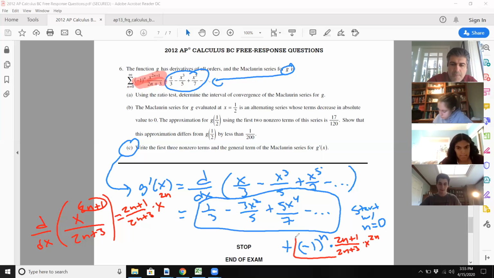So that's the general term, which kind of makes sense, right? Because if you were to plug in 0, you would get 1/3. If you were to plug in 1, you would get -3x squared over 5. If you plug in 2, you will get 5x to the fourth over 7. So yeah, it would make sense. So that's that one.